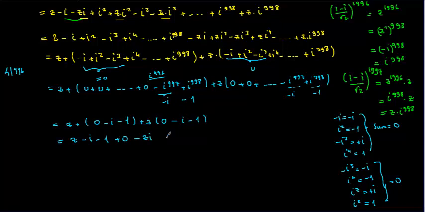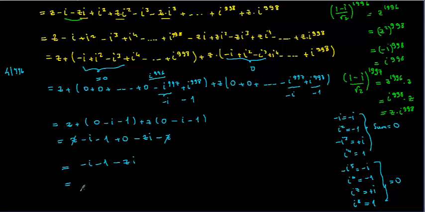Z times minus 1 is equal to minus z. So the term is going to be written like this, and we are going to simplify. Then the term is going to be like this: minus I minus 1 and minus z times I.